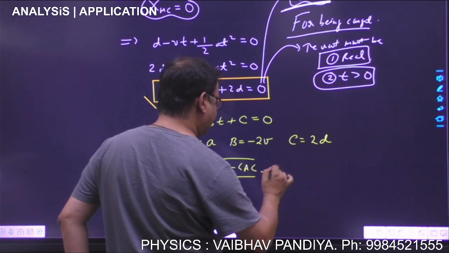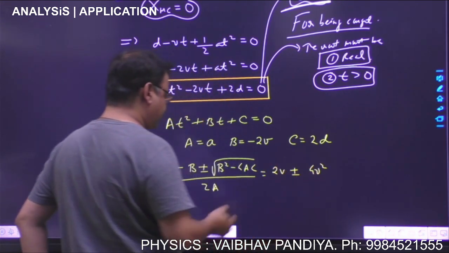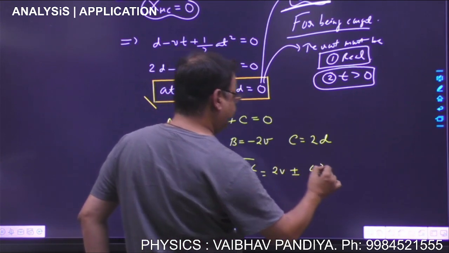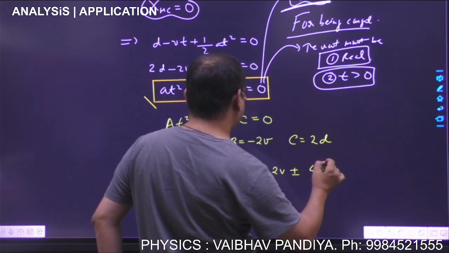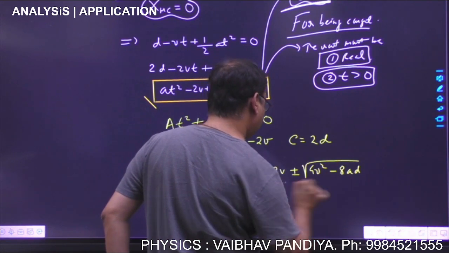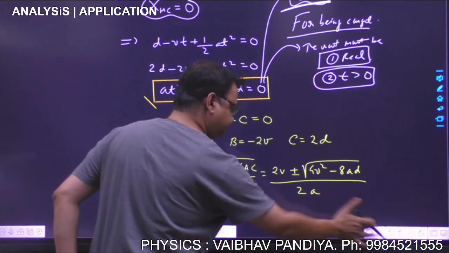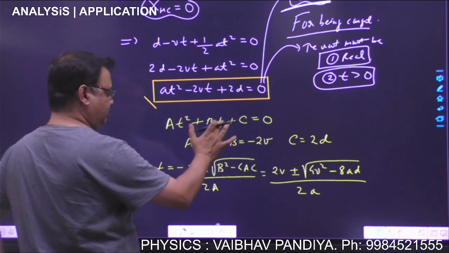So I'll get minus of minus 2v plus minus root of 4v square, that is b square, minus 4ac, that is 8ad, by twice of a. So this is coming to be your value of t.